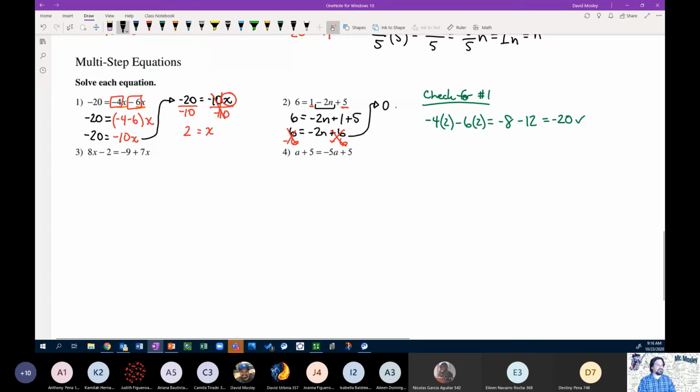We have 0 equals -2n. All right. Divide by -2, divide by -2. The multiplication is canceled by the division. 0 divided by -2 is still 0, equals n.